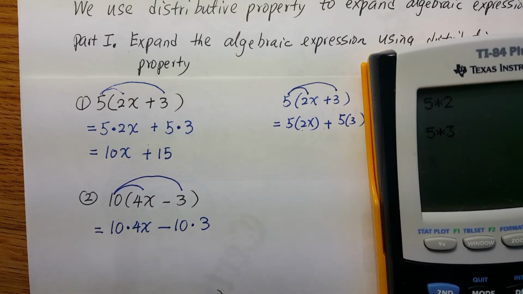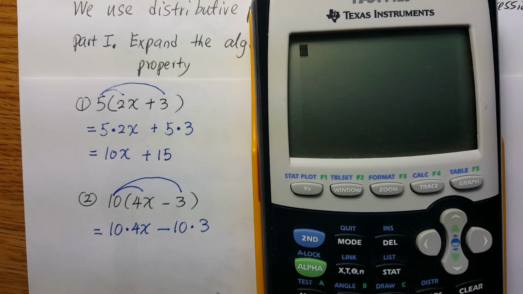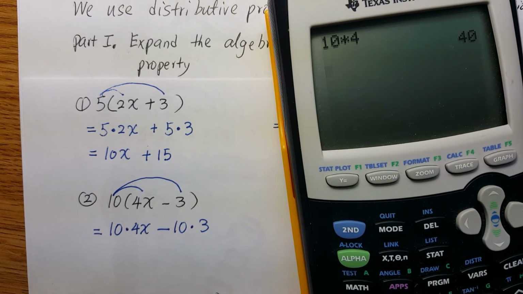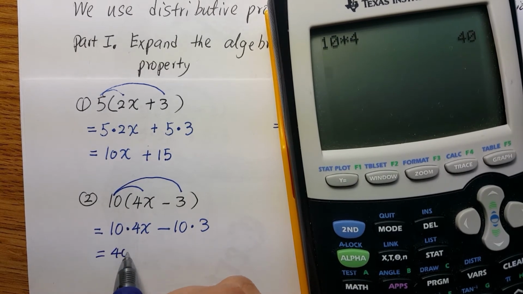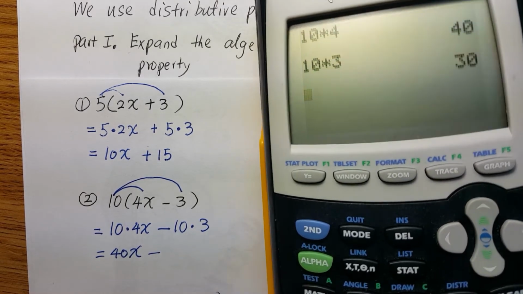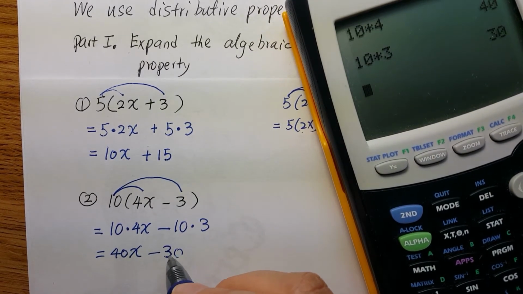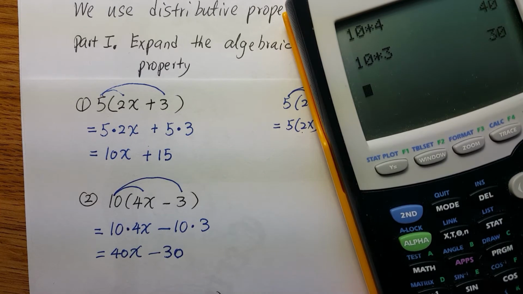Now we're going to use our calculator. 10 times 4, 40. So 40x. 10 times 4x is 40x. Minus 10 times 3, 30. So I write down 30. So this is the final answer for question number 2.